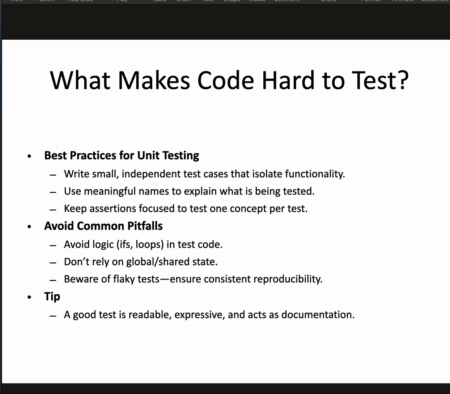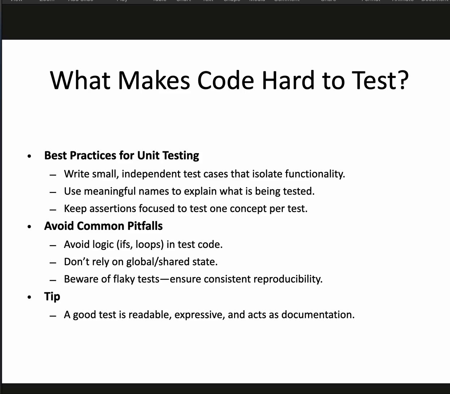Make sure to use meaningful names. Make it obvious what's being tested just by looking at the test method name. Make sure to focus on each assertion. Don't test multiple conditions at once. That makes it hard to tell what failed and why it failed. These small changes go a long way in making your code clearer and more organized.